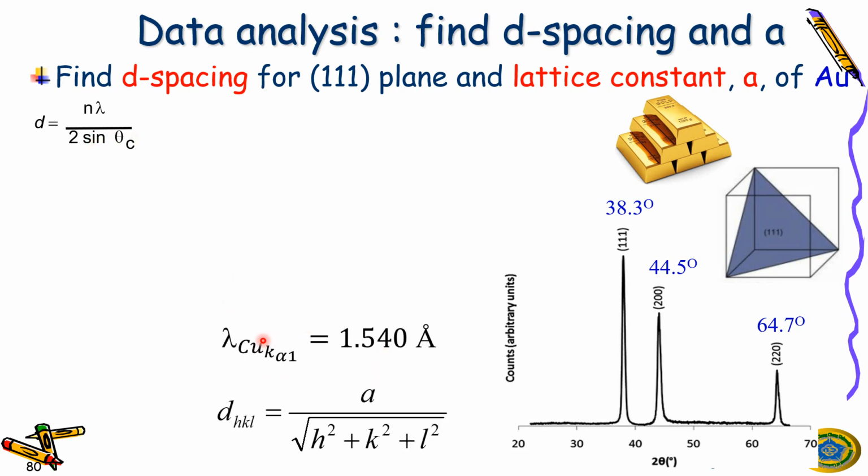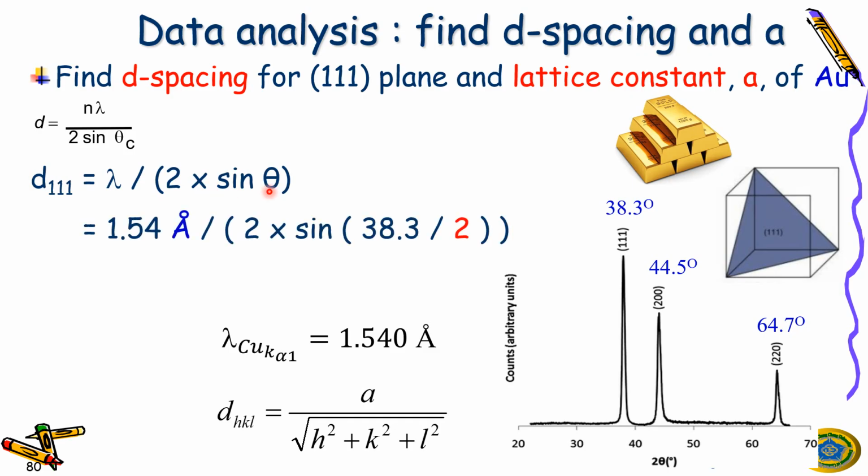You put this number here, and you know theta is 38.3. Put the numbers in and you get this. One thing you need to be careful about is that this theta is the Bragg's law theta, while 38.3 is 2 theta. So 38.3 needs to be divided by 2.